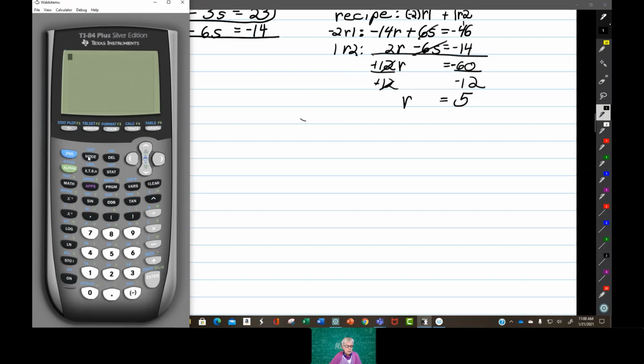Minus 60, but divided by minus 12. Error. The number one cause of an error with this calculator or any calculator is hitting the minus key instead of the negative key or the negative key instead of the minus key. So be aware of that.